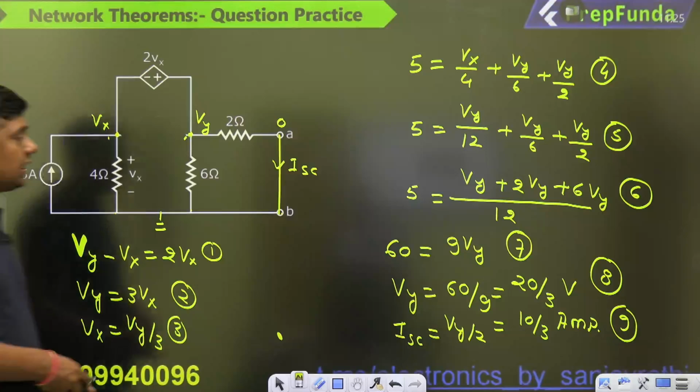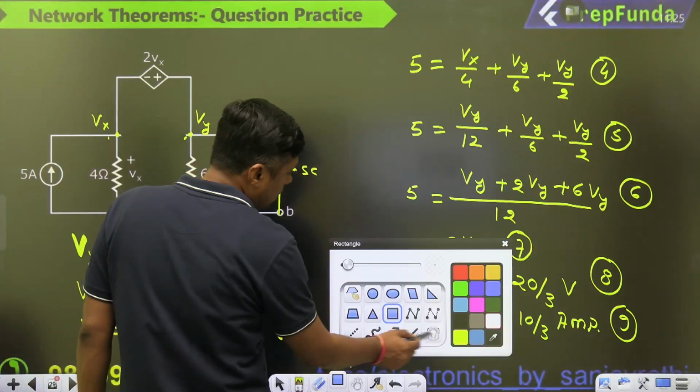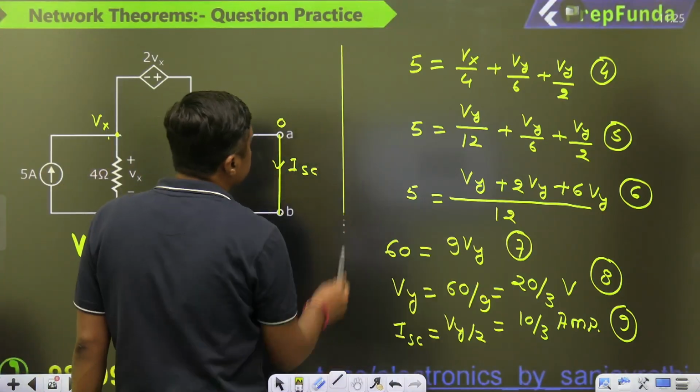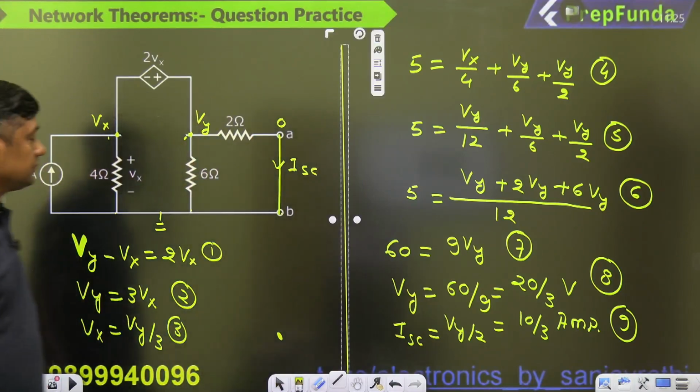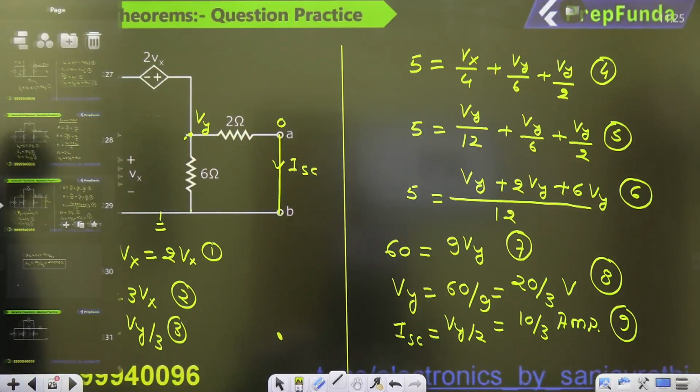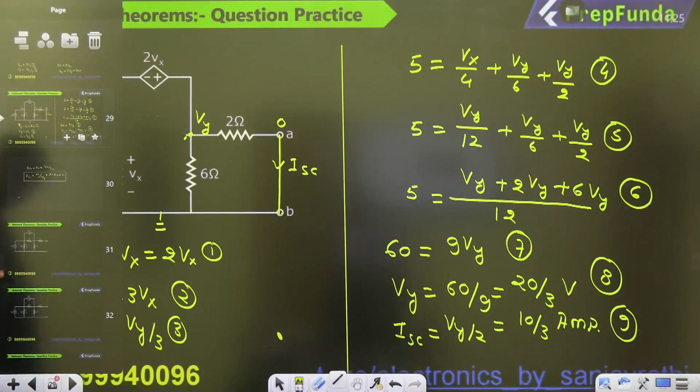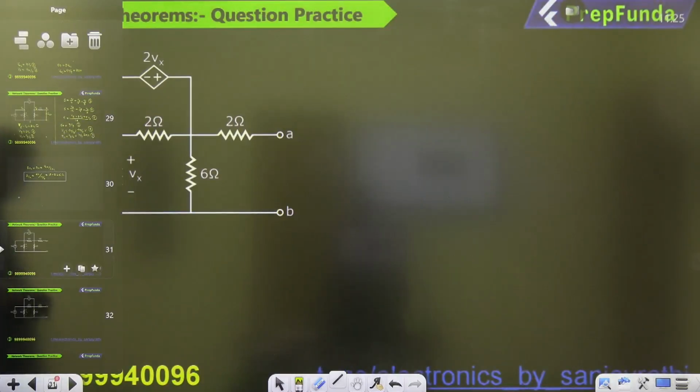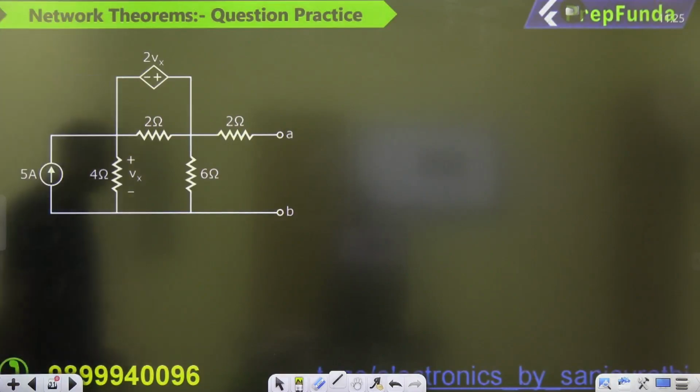Now, is there any other method to solve the RTH? Yes, we have another method to solve the RTH.